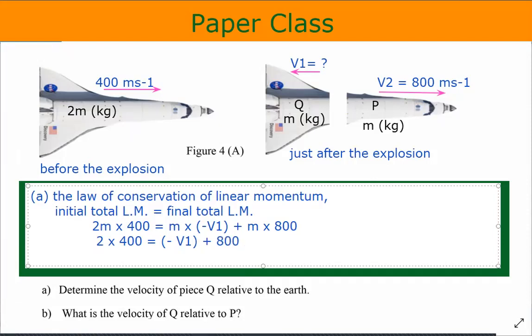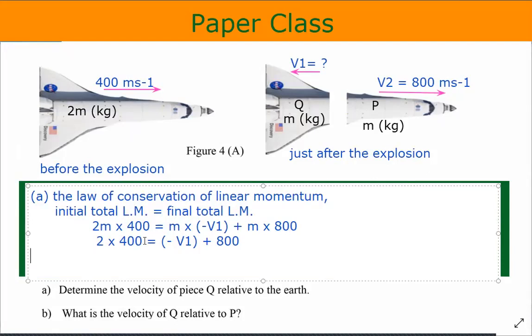So what should I do next here? 2 times 400 is, Lamai? 800. 800, sir. Equals minus v1 plus 800.